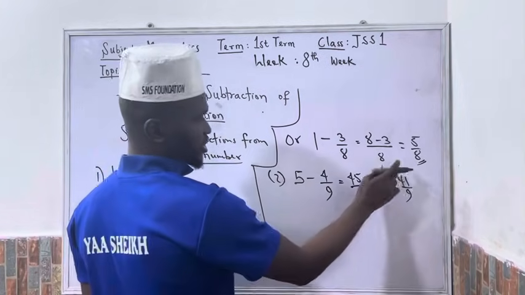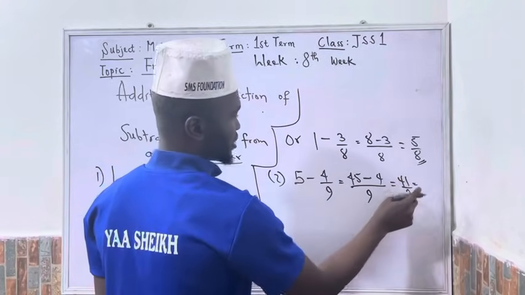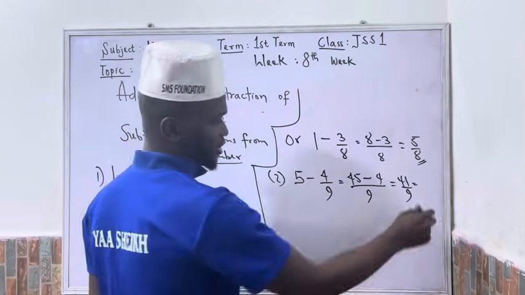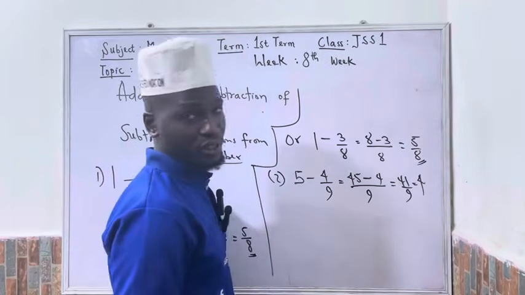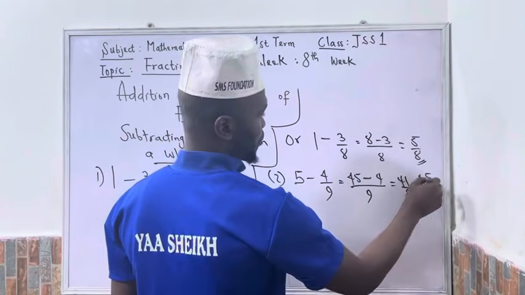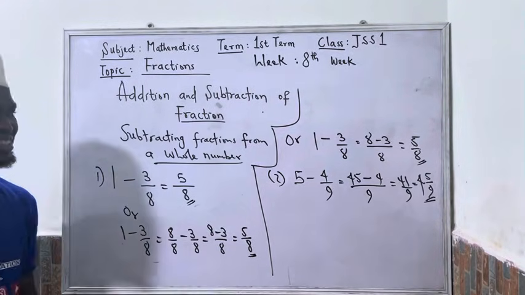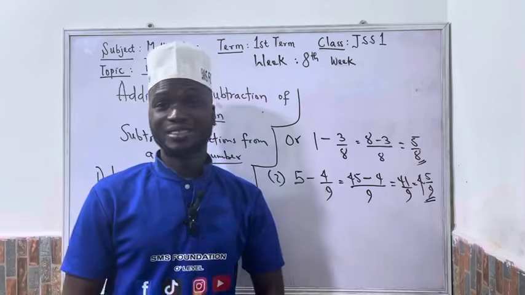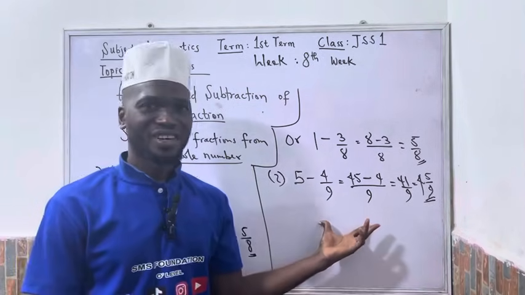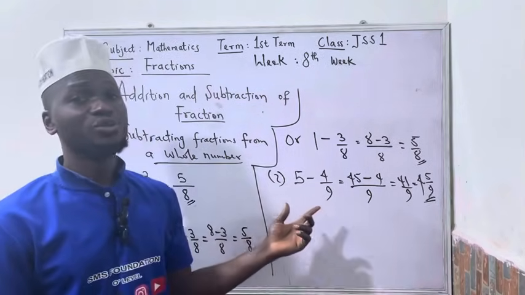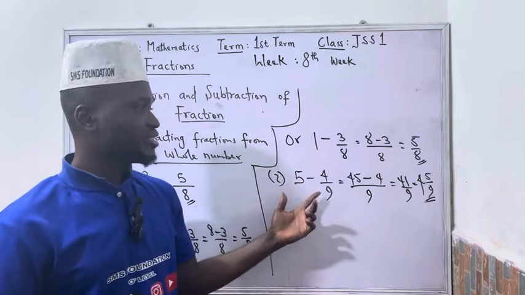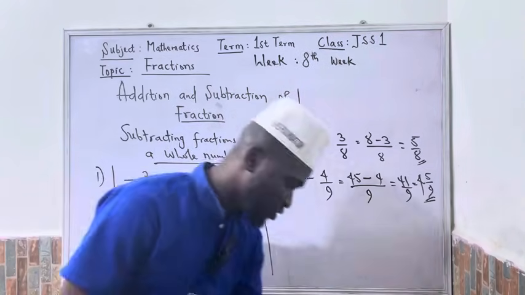So you don't want to leave your answer like this. You can just say, how many 9 in 41? That will be 4 whole number, remainder 5 over 9. That's 4 wholes and 5 ninths. So that is very easy when you are subtracting fractions from a whole number.